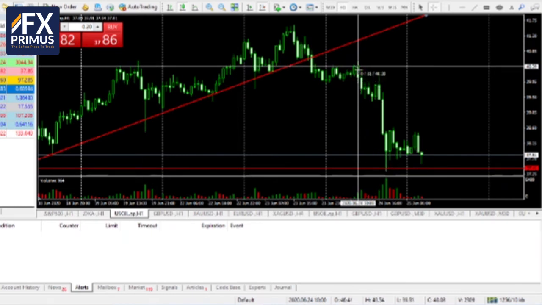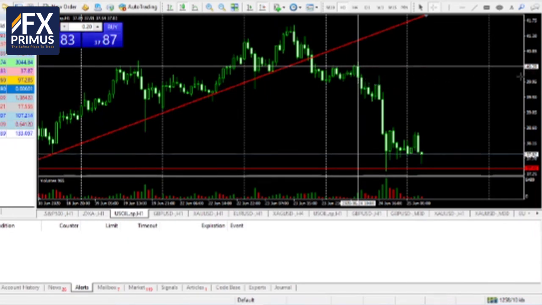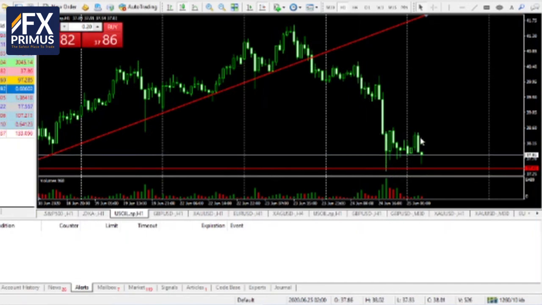From 1000 hours plus 5, which is 3 p.m., it started to move down from $40.39 towards the UK session and followed through towards the US session. It touched a low of about 37.35 and moved just about $3.05. Currently oil prices are consolidating.